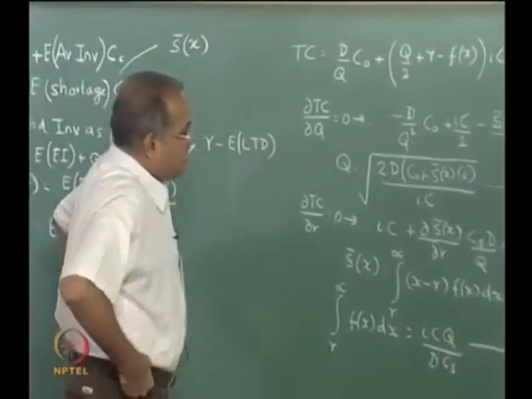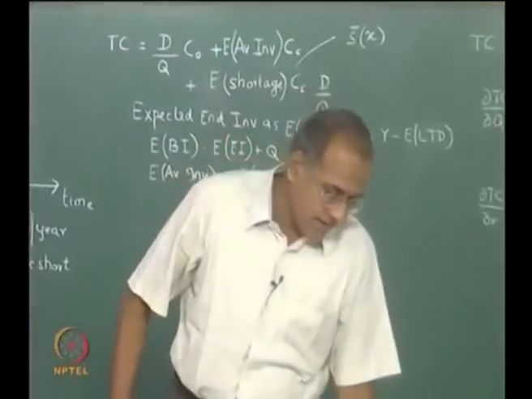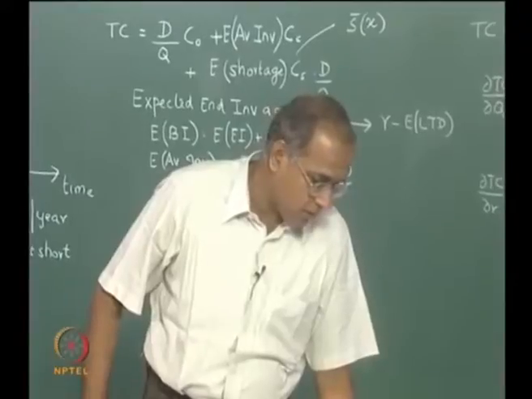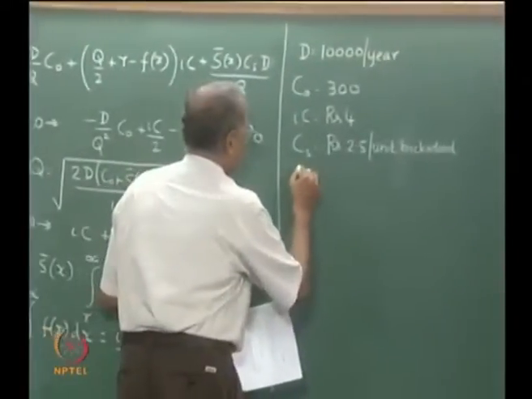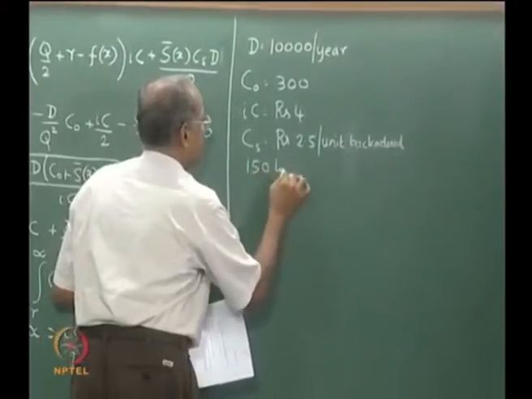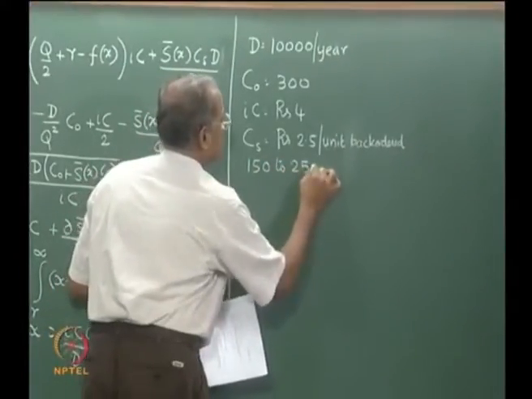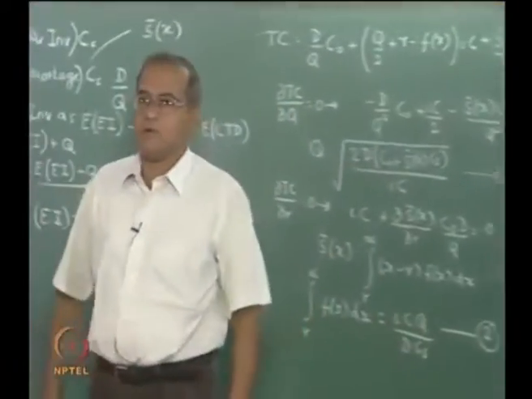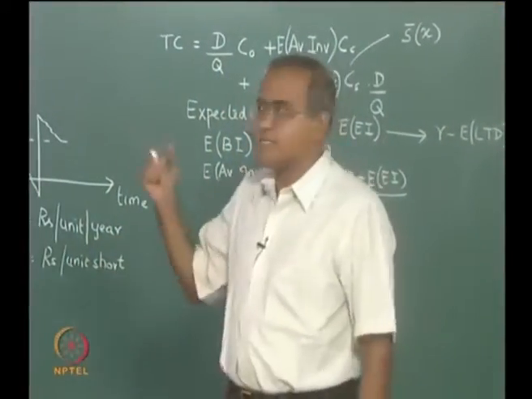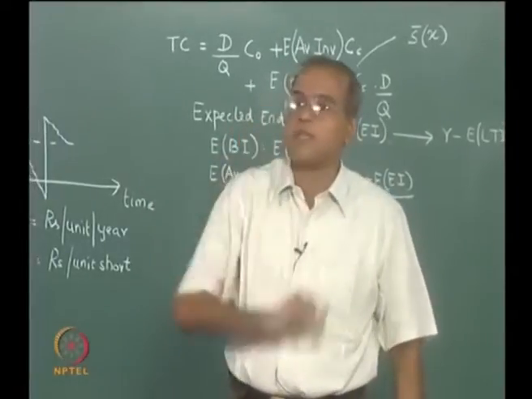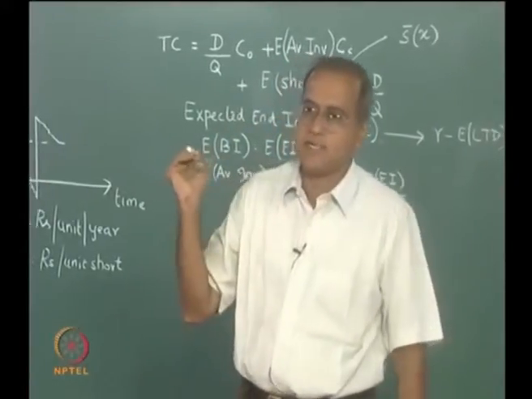And we also assume that the lead time demand follows a uniform distribution between 150 to 250 with 200 as the expected value. In the earlier discrete case, we took from 100 to 300 and we followed a discrete distribution.